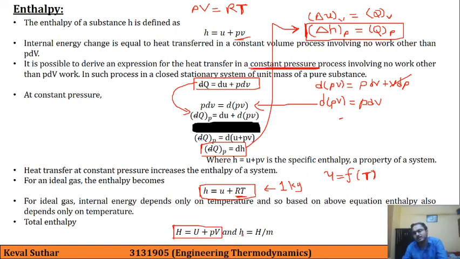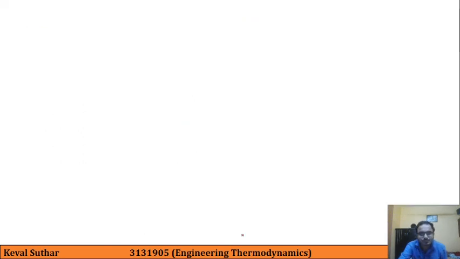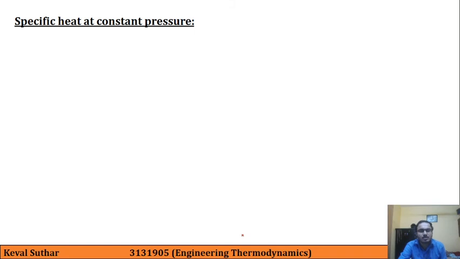And the specific enthalpy is given by small h is equal to capital H divided by m. Our next theory is specific heat at constant pressure. We will stop here and continue this topic in our next lecture.